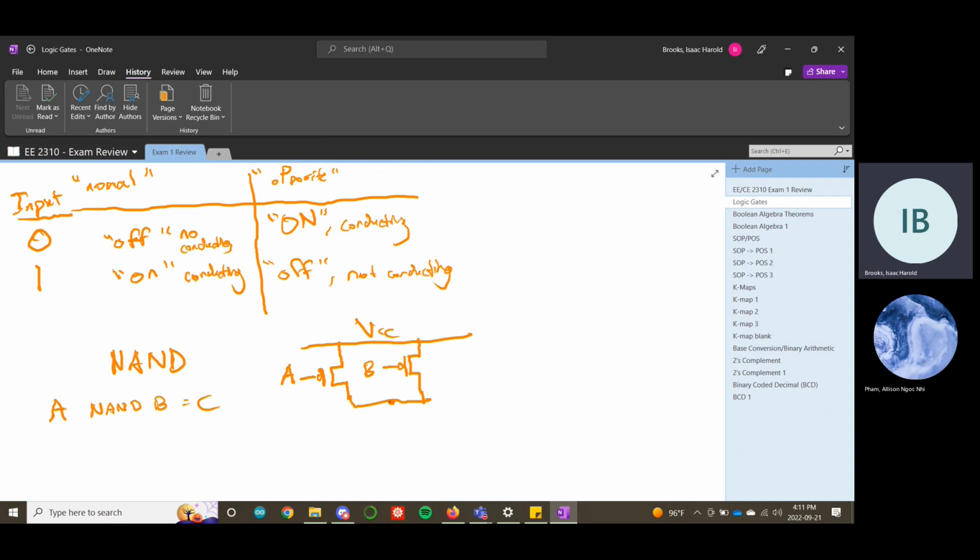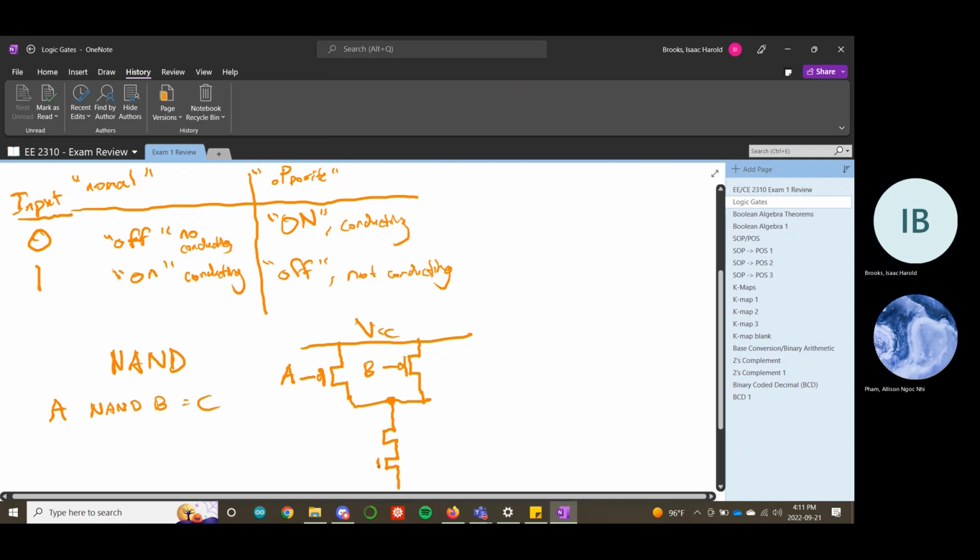And I don't think you're going to be asked to draw these things from memory, but this is just an exercise so we can look at when they're on and when they're off. So then we're going to have our NMOSs, our normal ones, down here. One of them is going to be A, one of them is going to be B, and then this is your ground. Okay, and then this is your output C.